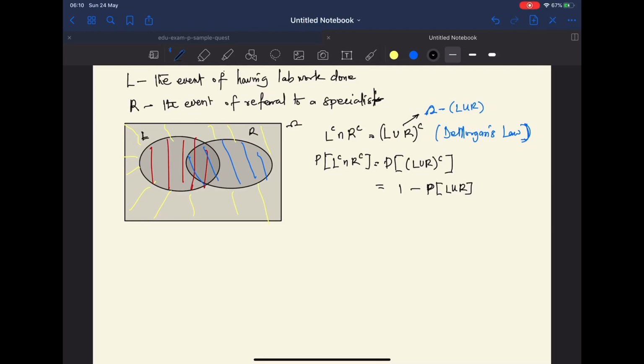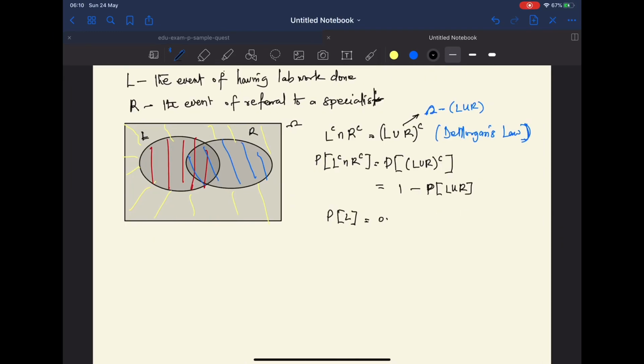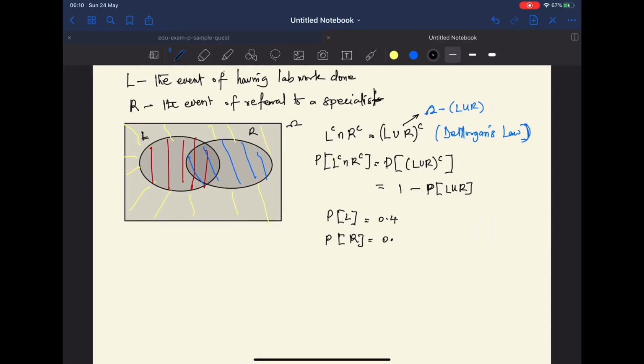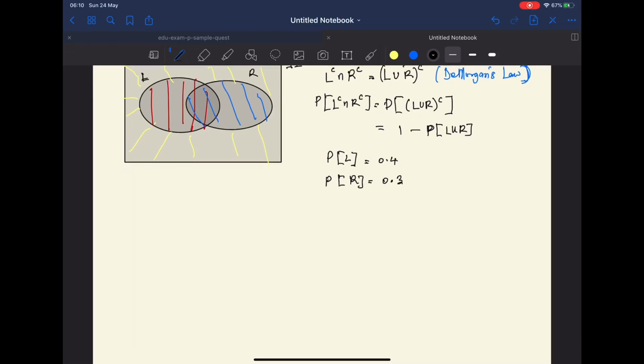Now we are told that the probability of having L is 0.4 and the probability of having R is 0.3.